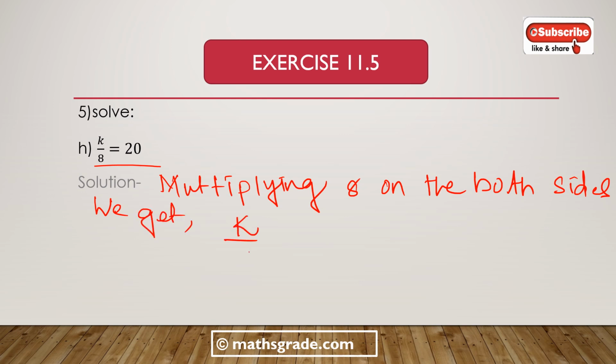k divided by 8 multiplied with 8, that is 20 multiplied by 8, and 8 will be cancelled. K equal to 160.